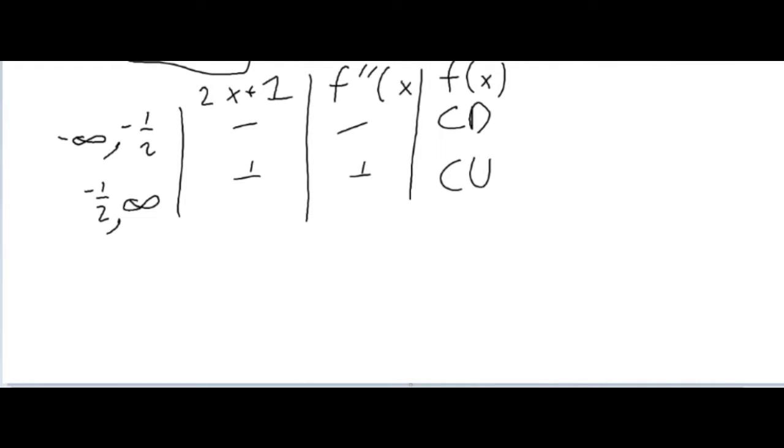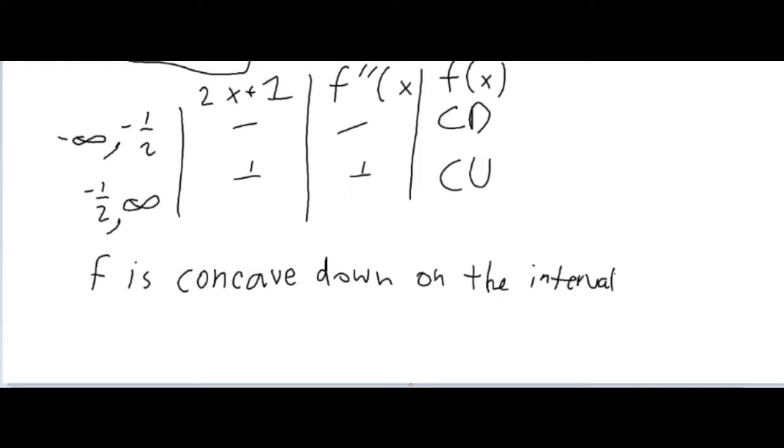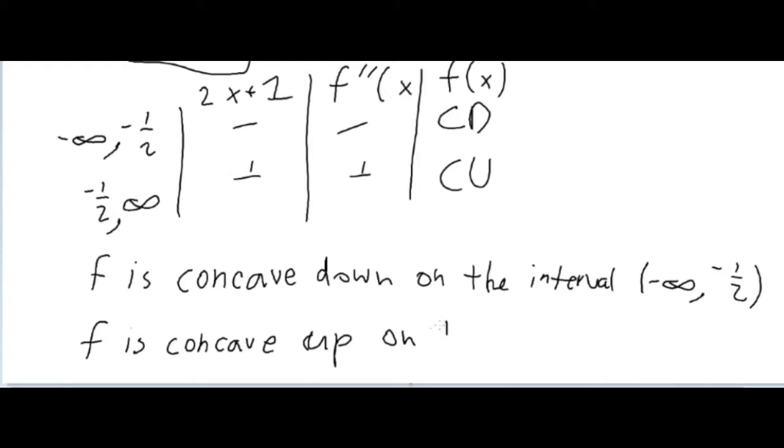So f is concave down on the interval negative infinity to negative 1/2, and f is concave up on the interval negative 1/2 to infinity. And that is how you answer this question.